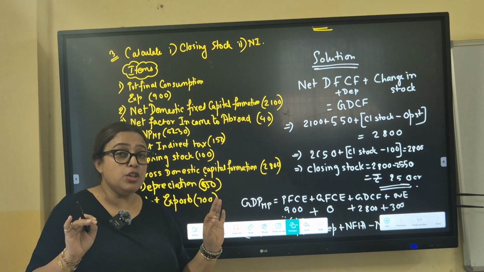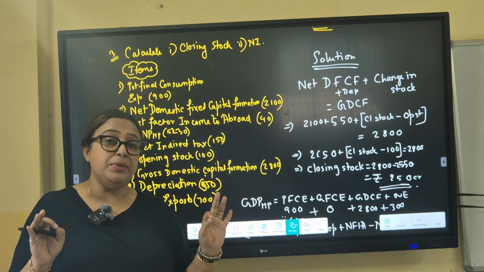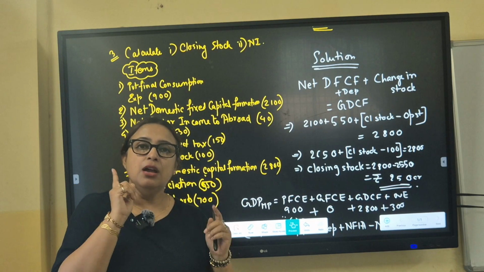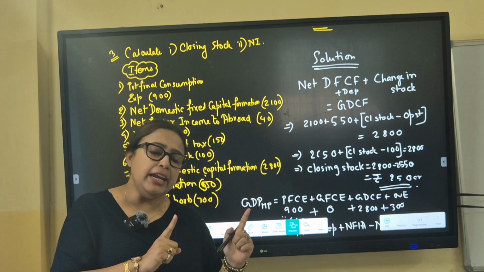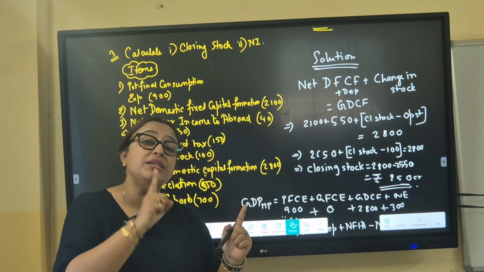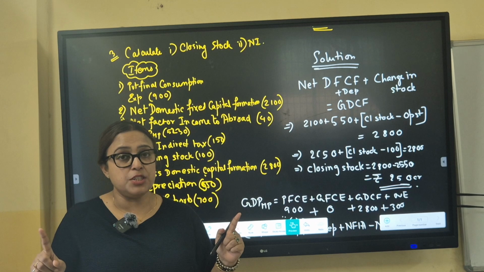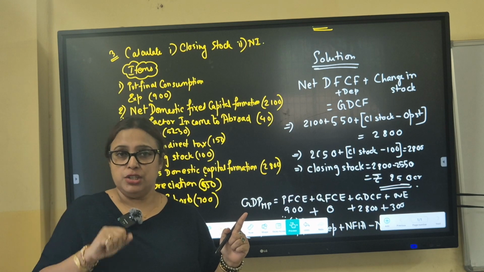See, in the expenditure method, the gross domestic capital formation component is divided into two parts. One is gross domestic fixed capital formation. The other part is investment expenditure or change in stock.